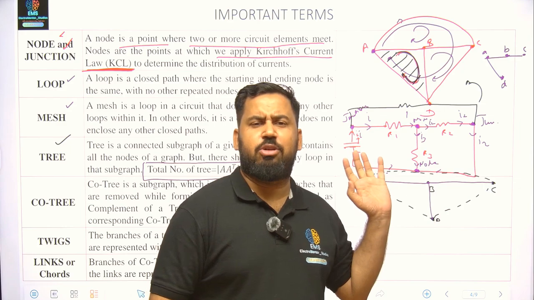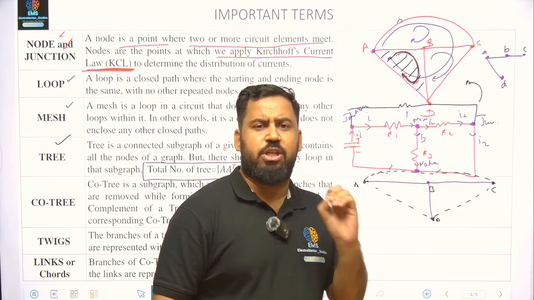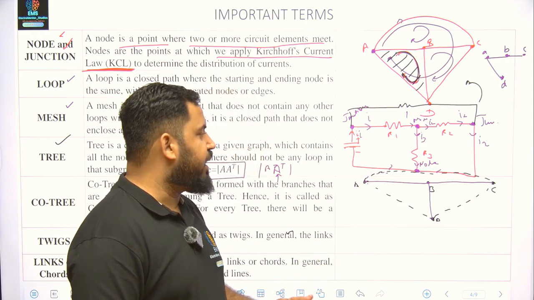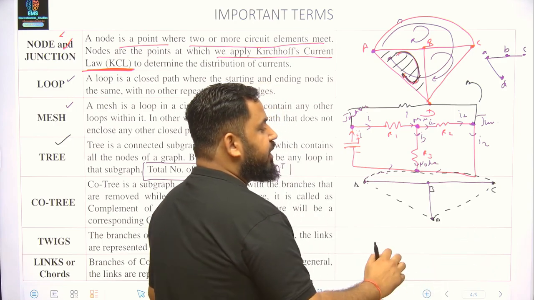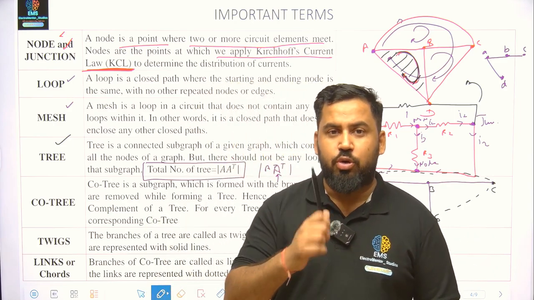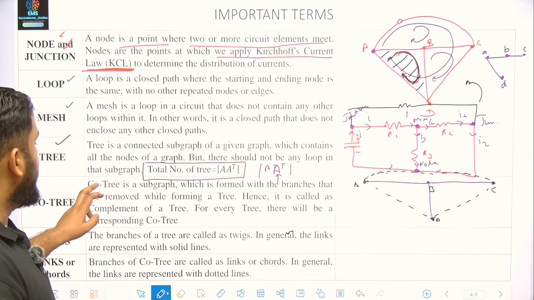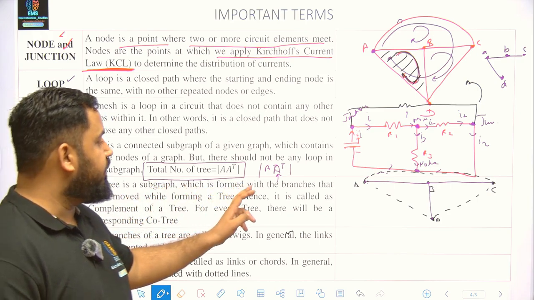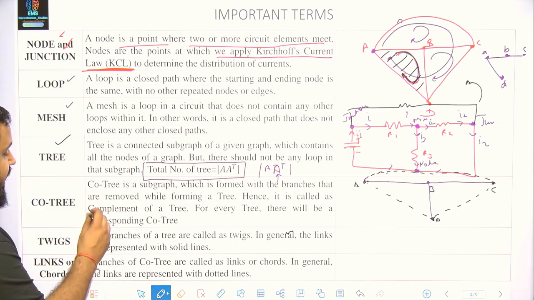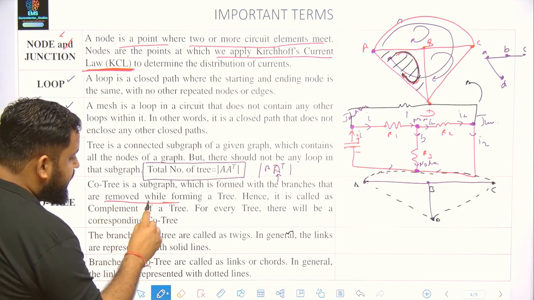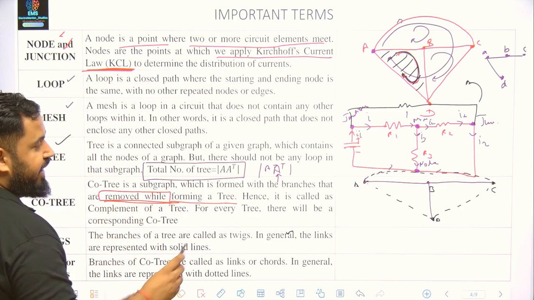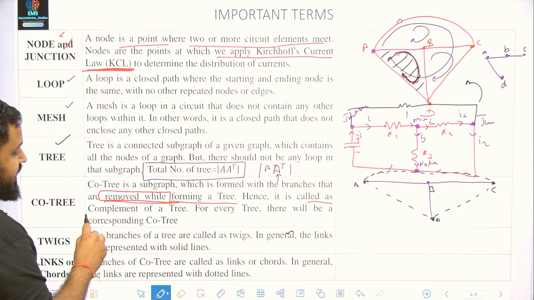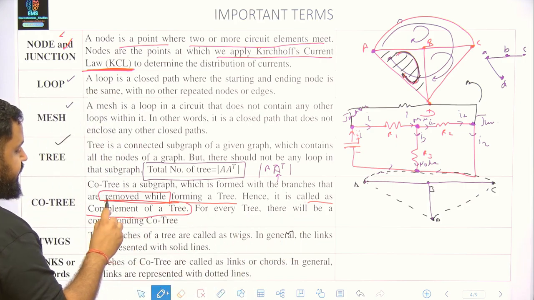If we use those branches and do not use the interconnection, this becomes my co-tree. So a co-tree is a subgraph formed by the branches that are removed while forming a tree. Hence, it is called the complement of a tree.